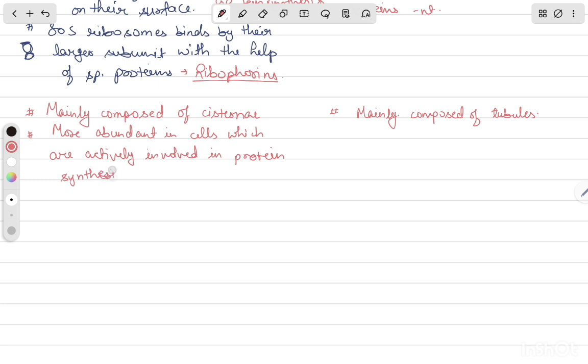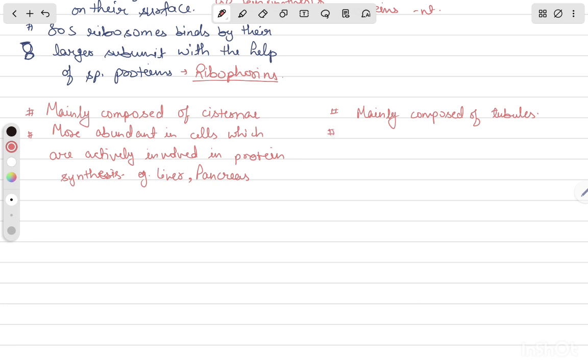Now, what are those cells? Examples are liver cells and pancreatic cells, right? So these can be examples of cells in which endoplasmic reticulum is more abundant.